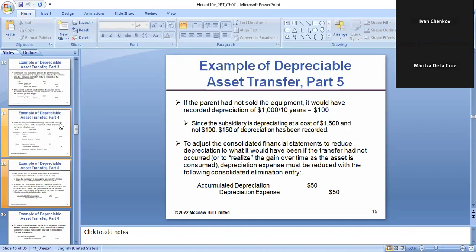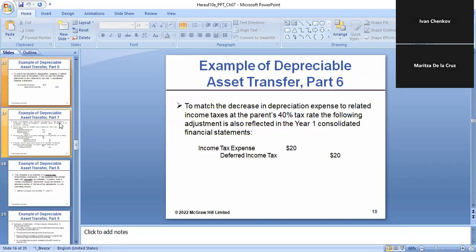Now, if the parent had not sold the equipment, then the depreciation would be only $100. And since that's the case, on the consolidated statement, we have to reduce the depreciation expense by $50 and reduce accumulated depreciation by $50 in order to eliminate that intercompany sale with $500 profit.